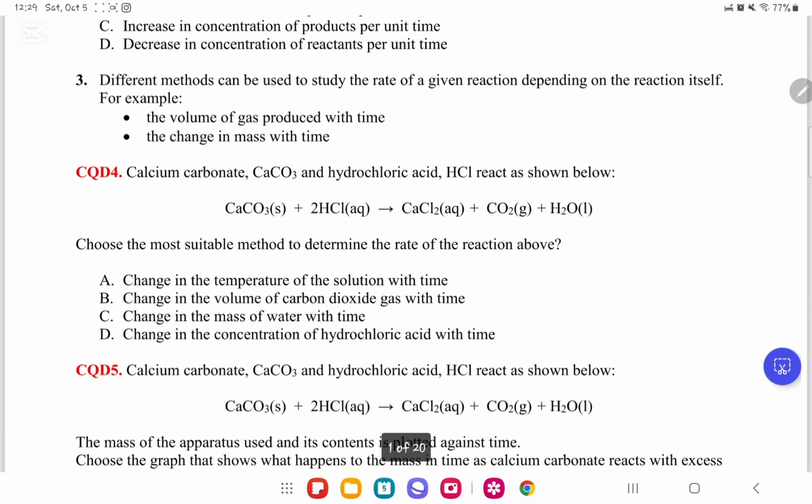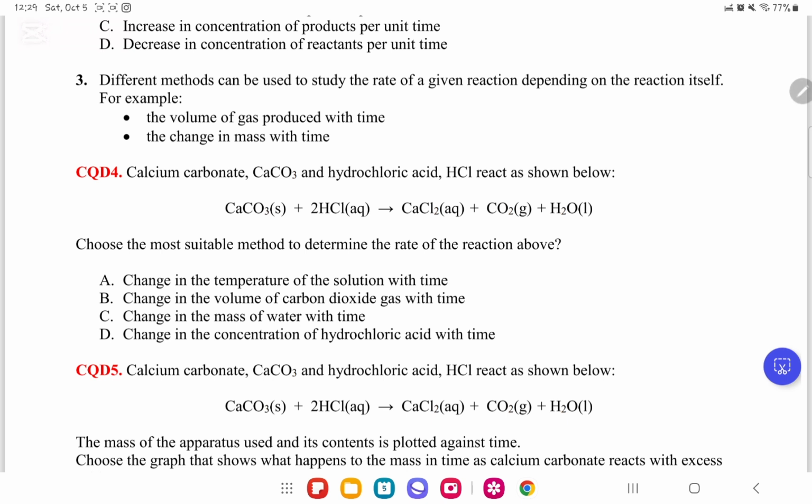Now, calcium carbonate, CaCO3, and hydrochloric acid react as shown below. Choose the most suitable method to determine the rate of the reaction above. We said there are two different ways of using the reaction rate.